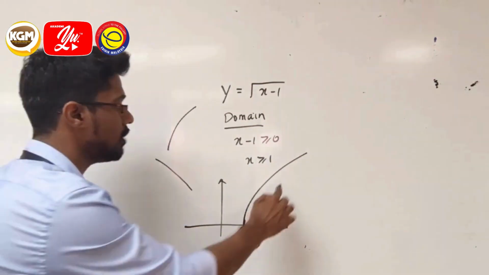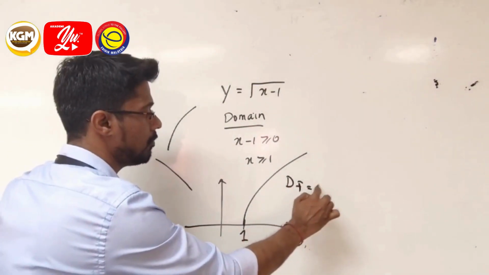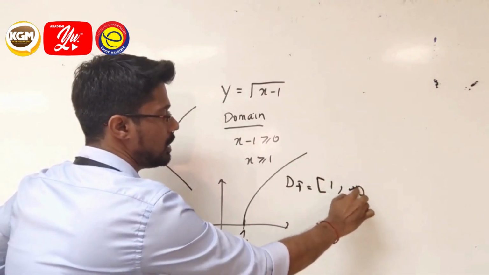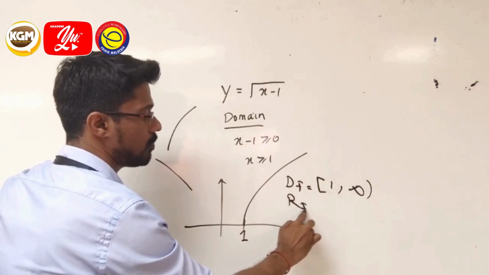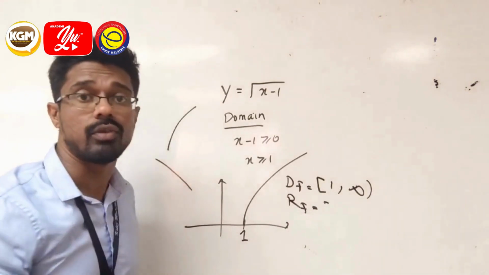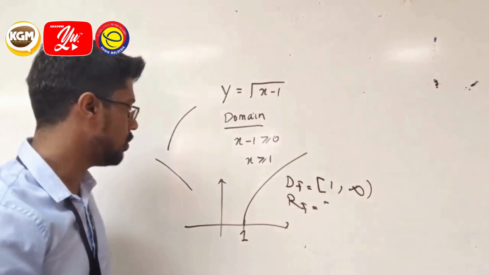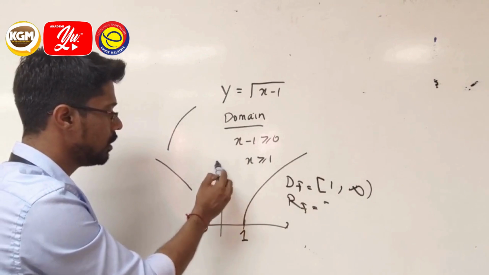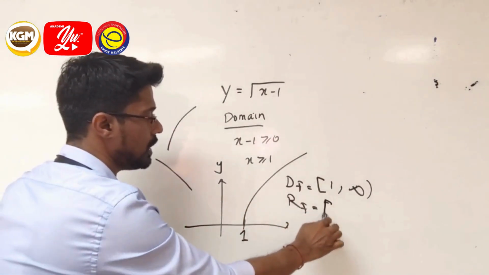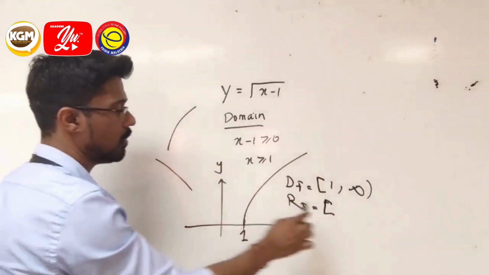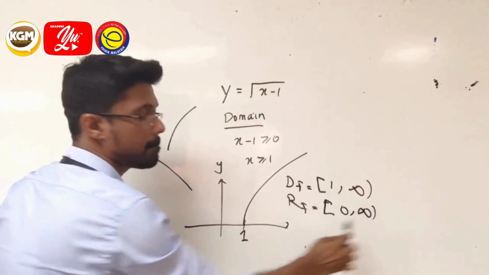Domain I already have, so I can just write domain 1 to infinity. Range refers to values of y where the graph exists. So the lowest value is going to be 0, going on forever to infinity.